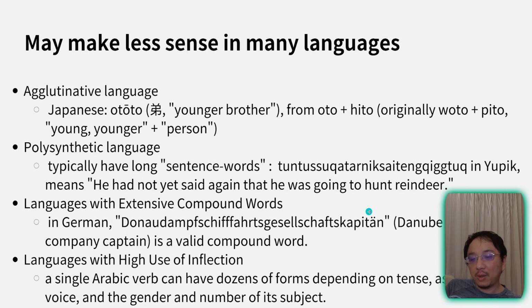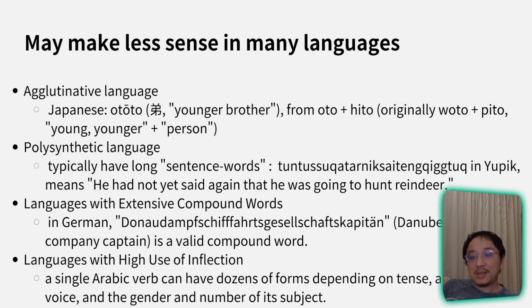And those are not the only issues, because there are many different languages in the world, and splitting words by space and punctuation cannot be considered a general rule among languages.